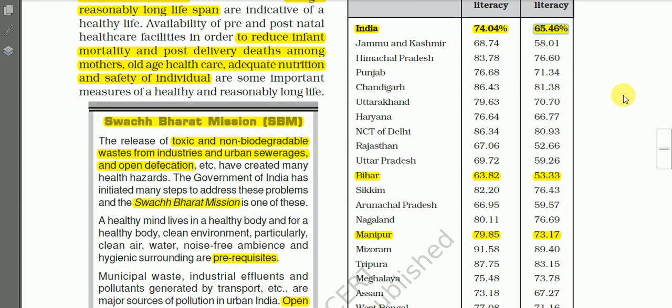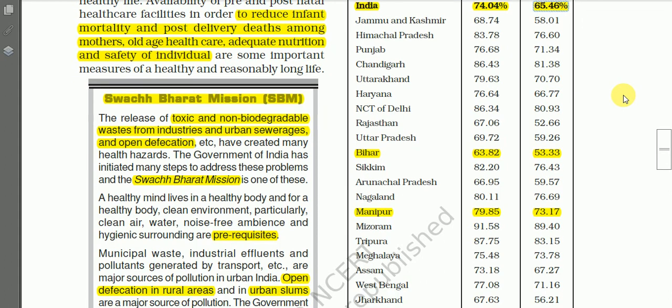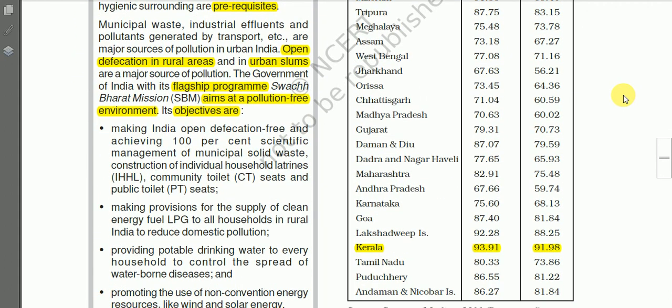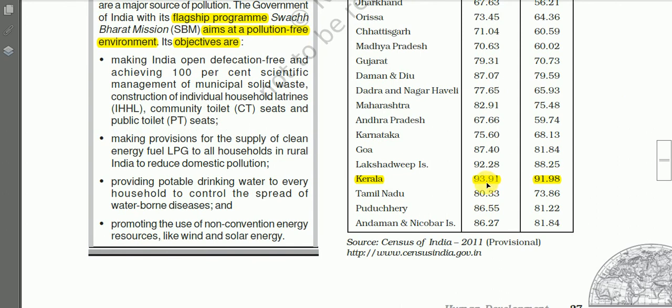And if we examine the table quickly, we will find that Kerala has the highest literacy rate in India with a rate of 93.91 for the whole state, and the female literacy rate is 91.98.